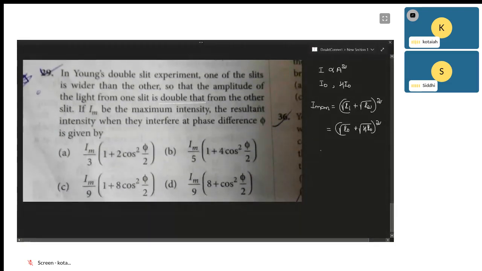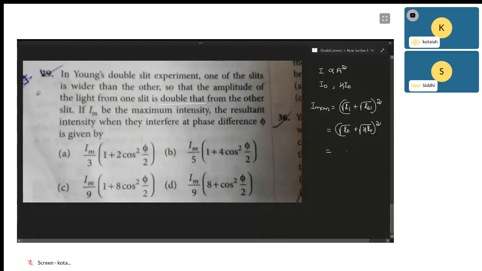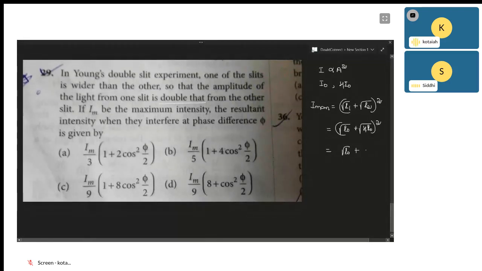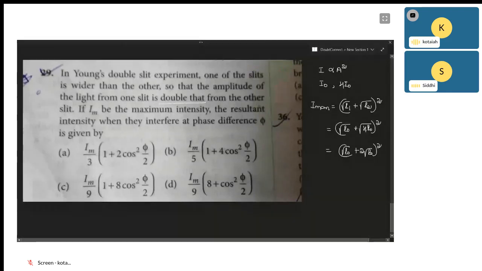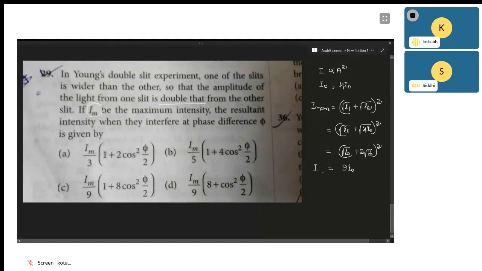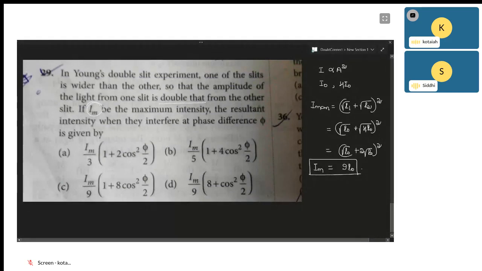Is equal to root I naught plus square root of 4 I naught means 2 root I naught whole square. So 3 root I naught whole square means 9 into I naught. They have given that is equal to Im. So that means Im is equal to 9 into I naught. Here I naught is the intensity of the first wave, 4 I naught is the intensity of second wave.